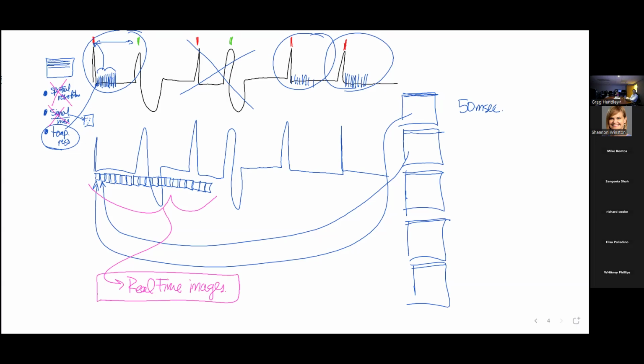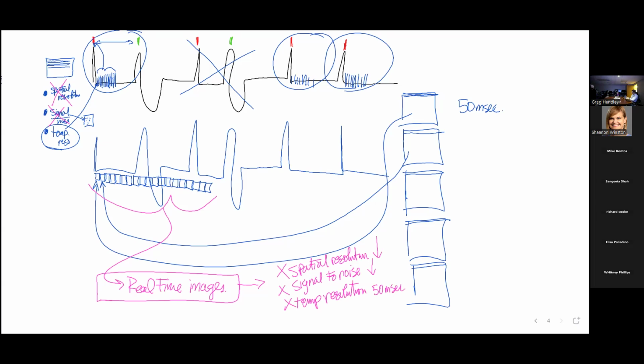The problem with it is the spatial resolution is low. The signal to noise is low, and the temporal resolution, you can't get much lower than 50 milliseconds with it.